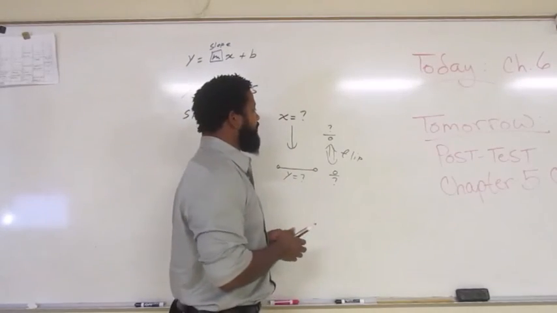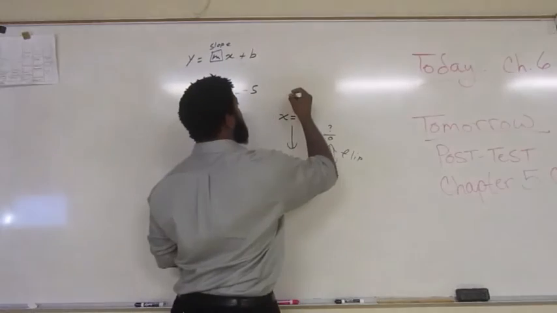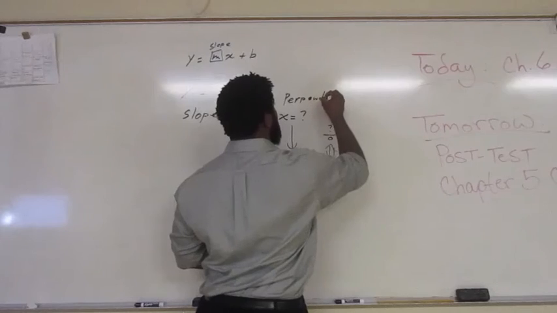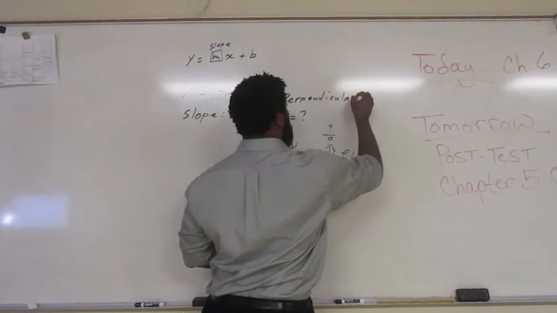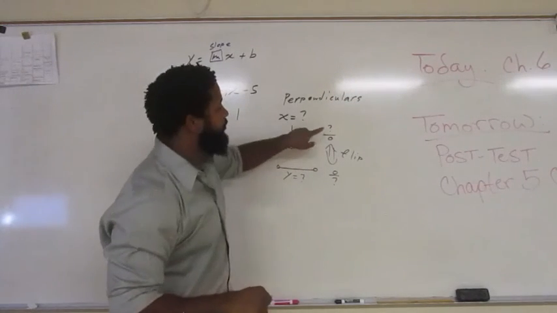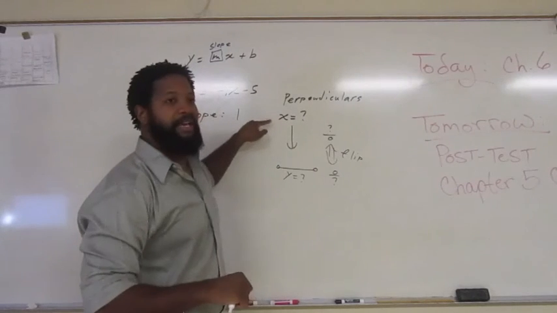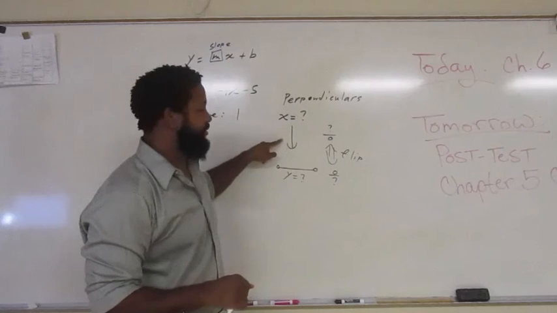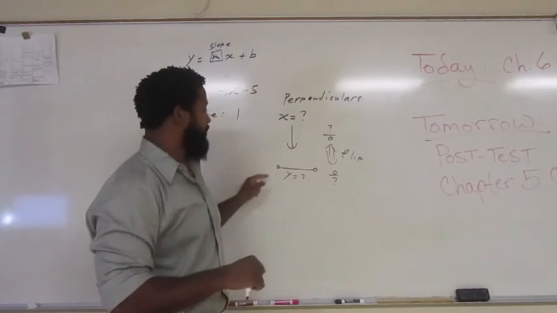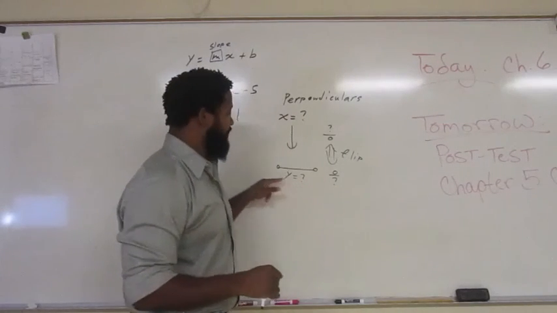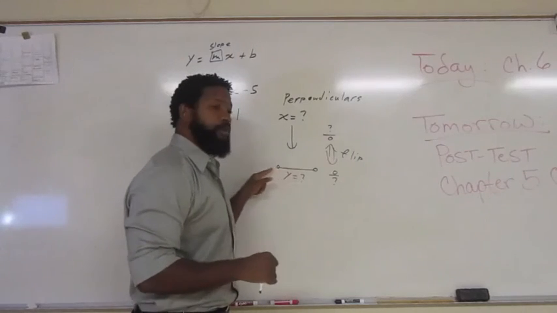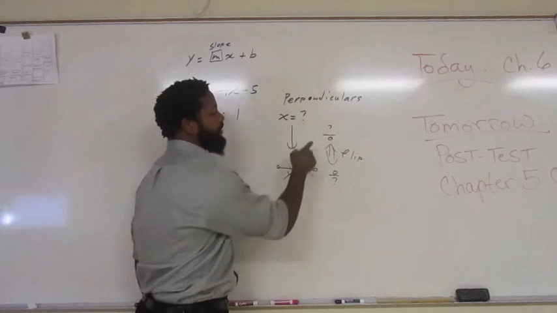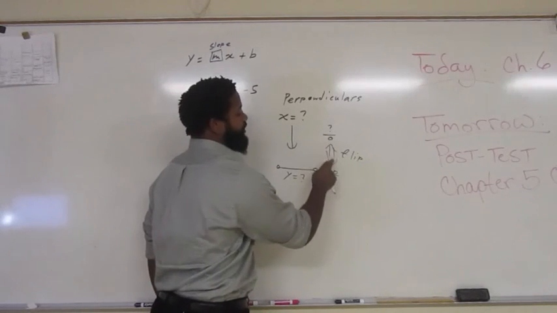So, just so that the kids at home will know, when dealing with perpendiculars: x equal to whatever number is a vertical line, which makes it undefined. y equal to whatever number is a horizontal line, which is equal to 0.